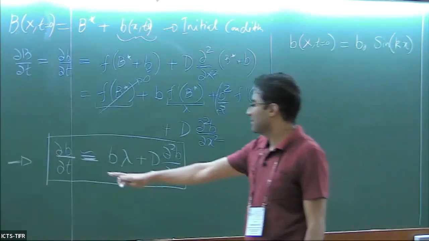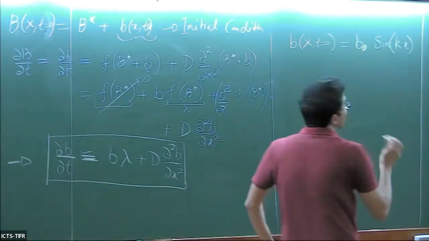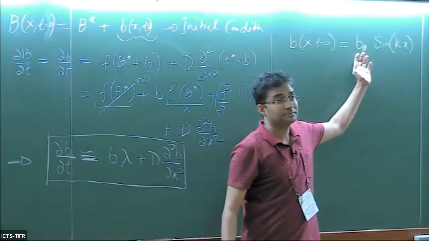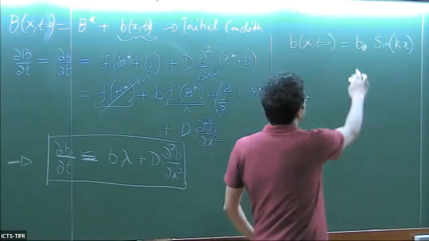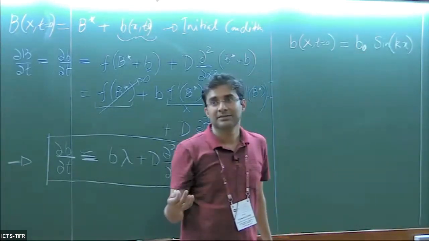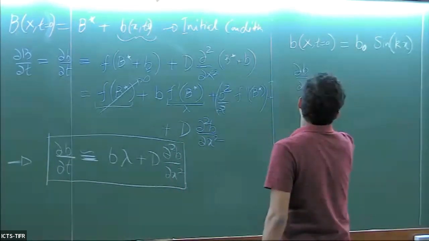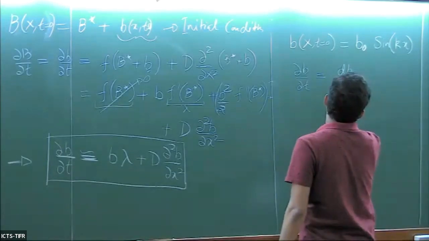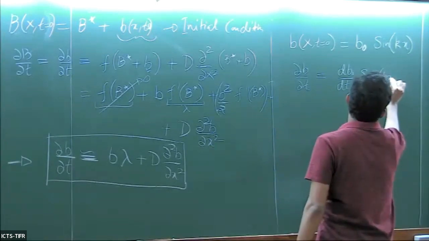Now, B0 is the amplitude that I have initially given. Of course, over time this B0 will change, right? So B0 will become time dependent. The left hand side will now be dou B by dou t, equal to dB0 by dt times sine of kx.